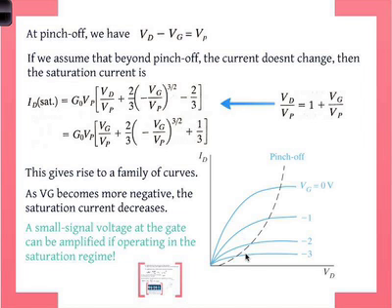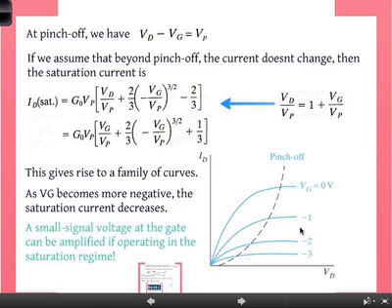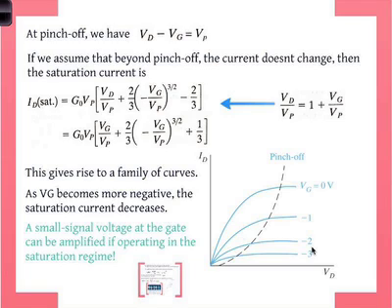In other words, if your gate signal is a sinusoid, what you get out could have some noise. It's no longer a sinusoid. It will be amplified, but no longer a clean signal. If you want to avoid that, you typically operate over here under saturation because the current is independent of the drain voltage. You will see that if you actually draw the diagram. So that's the basic idea.